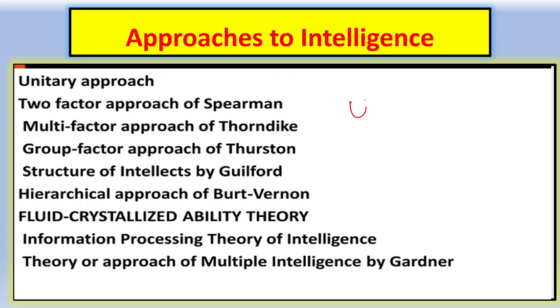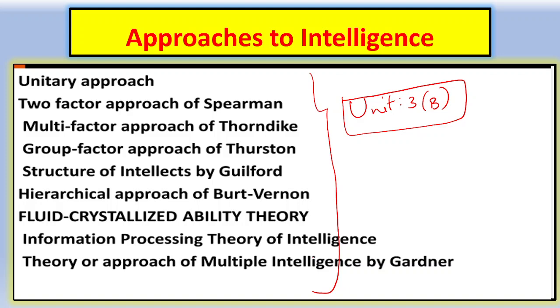Now, listen, this is all about Unit 3 B division. In this unit we have to understand these many theories. So far, we have already understood the unitary approach, the two-factor approach by Spearman, Thorndike's multi-factor approach, Thurston's group factor approach, and the structure of intellect given by Guilford, which we did last time.